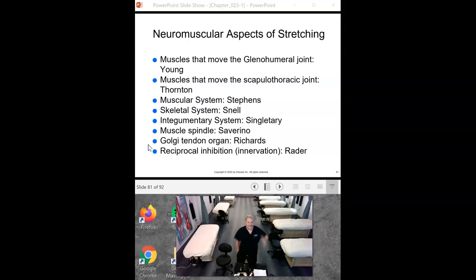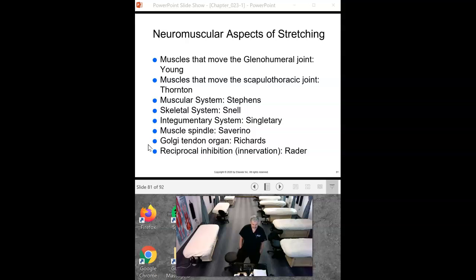Yes, it is. So, Golgi tendon organs are tension-sensitive receptors located at the musculotendinous junction. And what it does is it sends signals through the nervous system, central nervous system, through the axon nerve, and it's when you're contracting a muscle, depending on the weight.